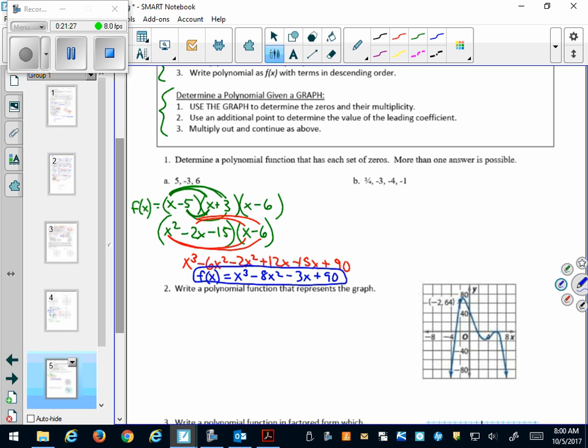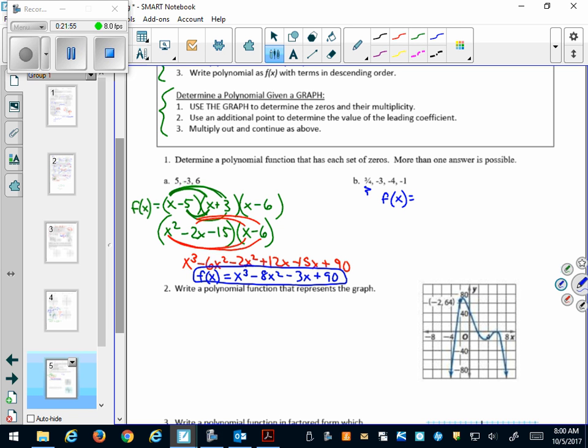If we do part B here, there's a little bit of a trick in this one because 3/4 is a 0. So what's that factor going to look like? Think about when you've ever gotten a fraction as a factor before.